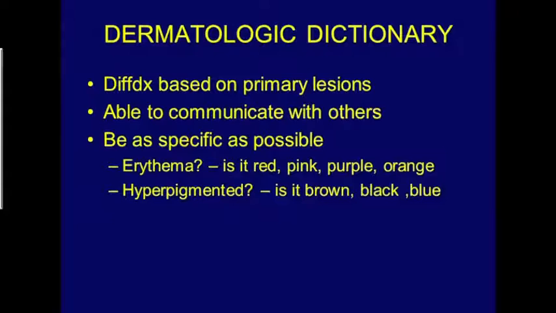So this is a fairly extensive dictionary, but you have to become fluent in it in order for us to be able to speak to each other. A lot of the differential diagnosis will be based on primary lesions, and you should be able to communicate this with others. You have to be as specific as possible, because it is not good enough to say somebody has an erythematous lesion. I think the color is very important.